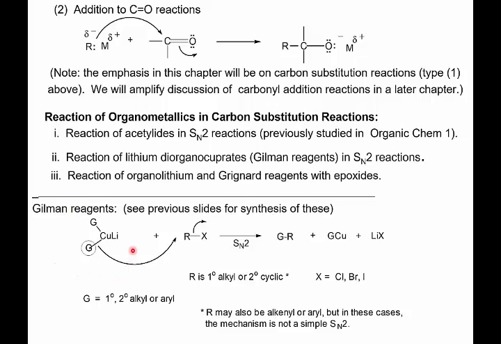The Gilman reagent has a carbon-copper bond. Actually, there's two carbon groups directly bonded to the copper. G is my symbol for a carbon group. Interestingly, if you look at this compound, there's actually two metals.